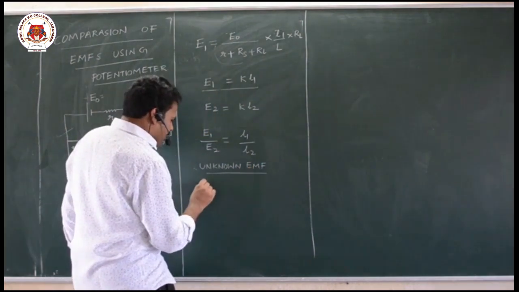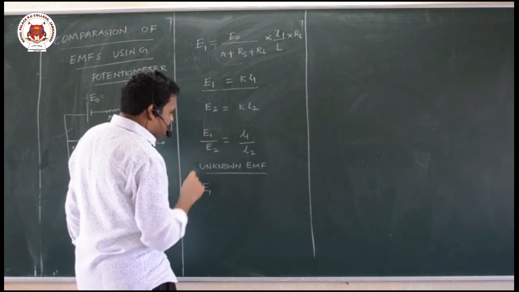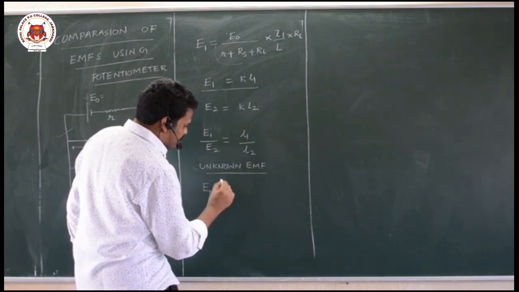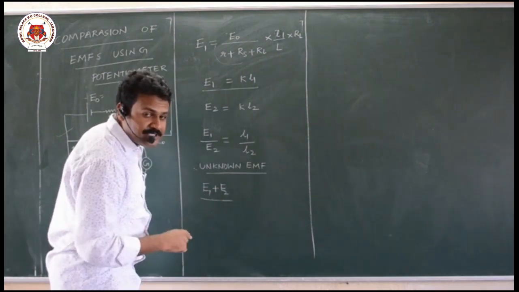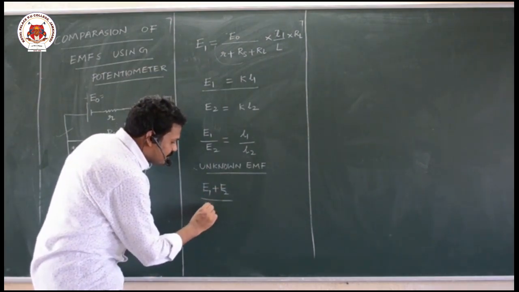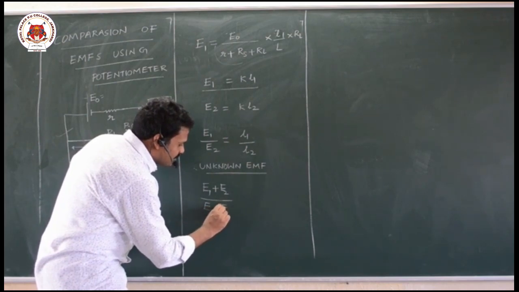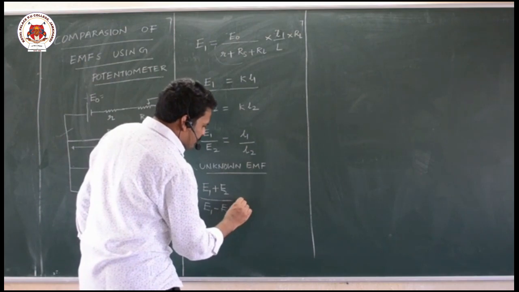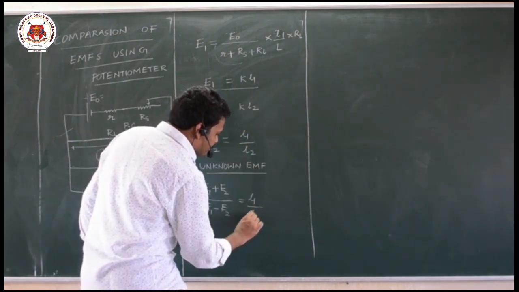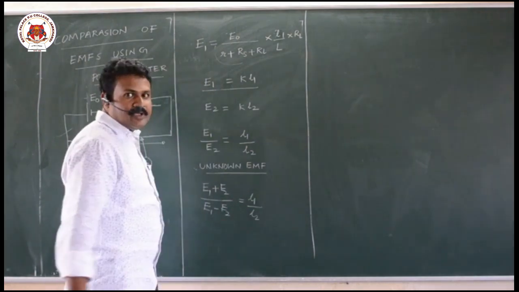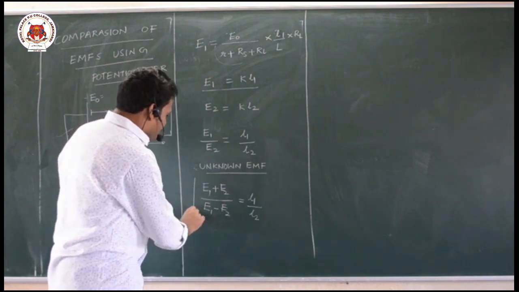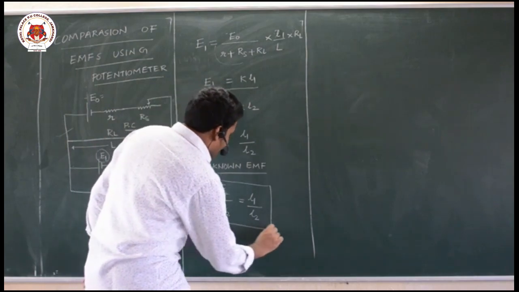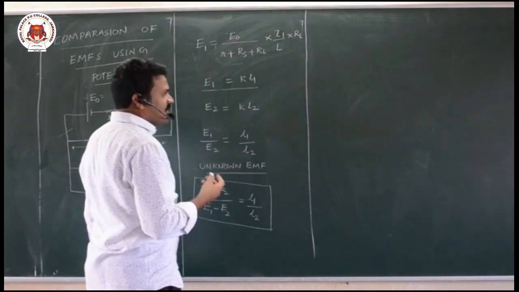Because if I take these two cells connected in series such that they support each other, and next time connected such that they oppose each other, I can write (E1 plus E2) by (E1 minus E2) is equal to L1 by L2. From this we can find the unknown EMF of the cells. Here we can compare as well as find.